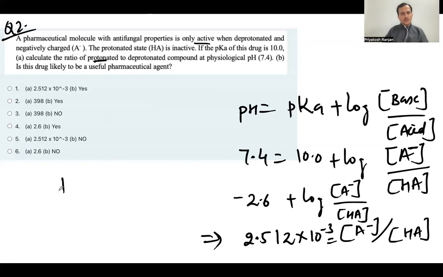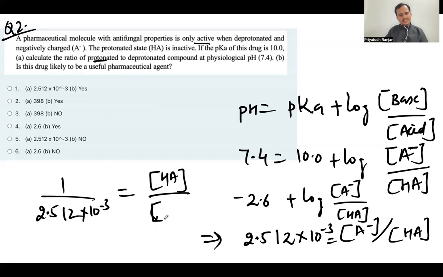So what I need to do, 1 by 2.512 into 10 raised to the power minus 3 equal to HA by A minus, because this is what they have asked, and accordingly I have to choose the correct option.